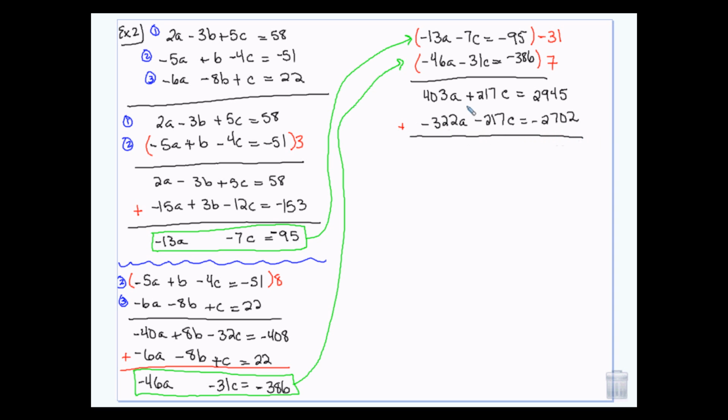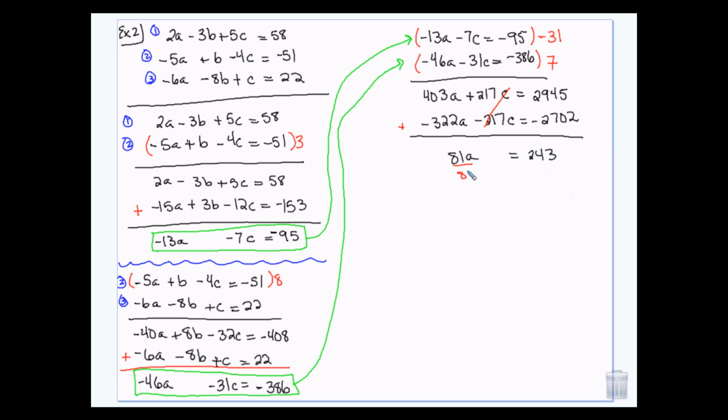So add those together. So I get 403 minus 322. So I get 81a. My 217c's will cancel each other out. Is equal to 243.